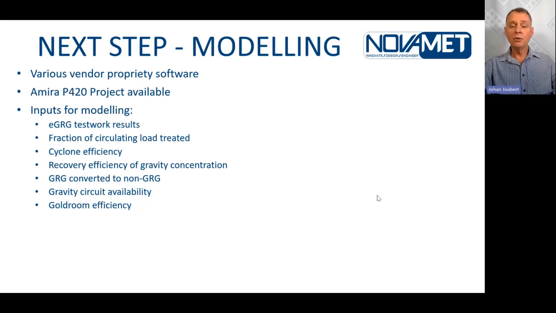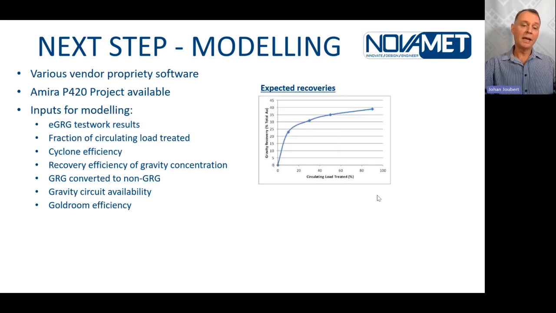So all of this is built into these models, and they will use this then to predict the outcome for you. So from it, you will get a very nice graph with a percentage of circulating load versus recovery. And at the same time, they'll even give you very nice tables for this.